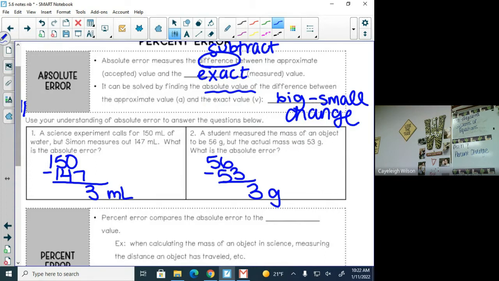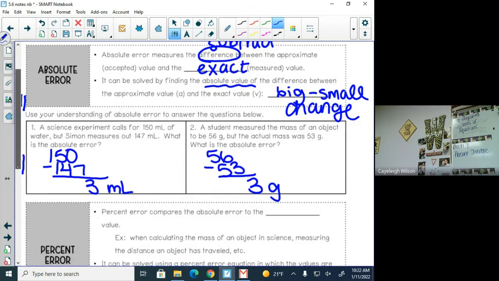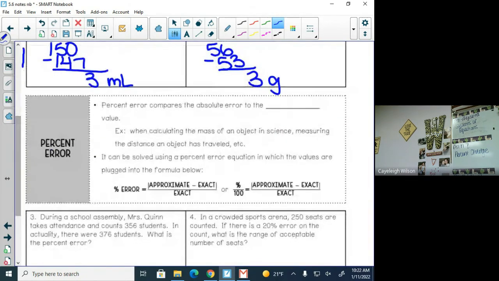So when I go right here to find the error change, I just subtract. And then I put it over the exact amount. Okay? All right, so getting down into here, percent error compares the absolute error to the exact amount.